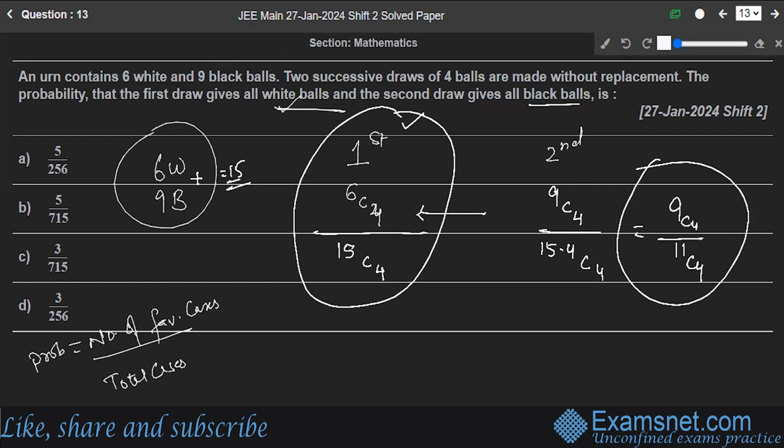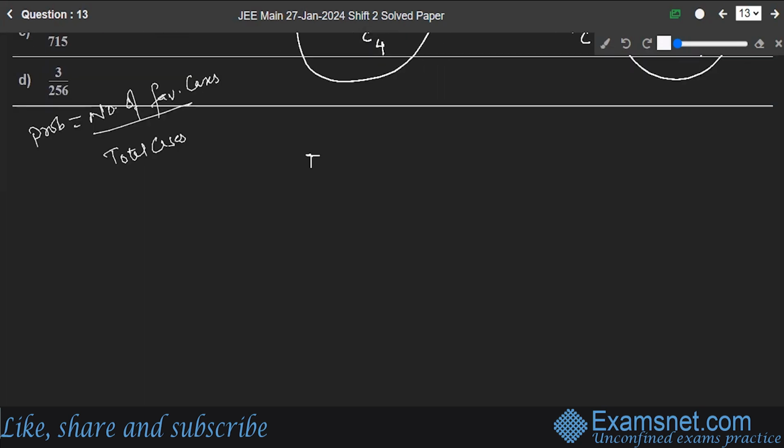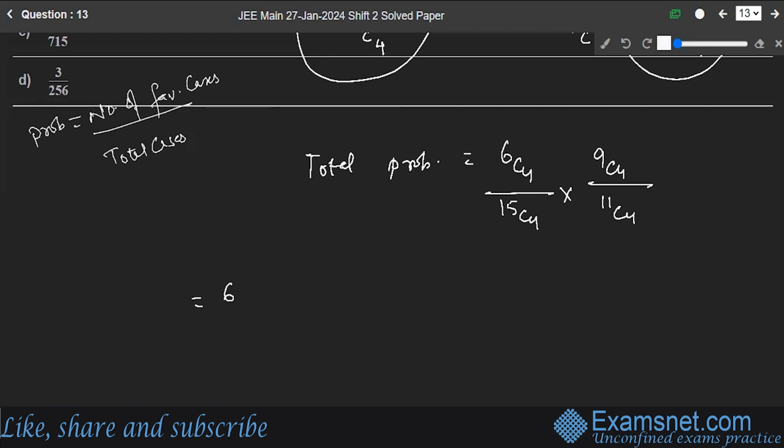Now, what is the total probability? Total probability is equal to 6C4 upon this multiplied by 9C4 upon this, right? Let's do this. 6 factorial upon 4 factorial into 2 factorial, 9 factorial, 4 factorial, 5 factorial.